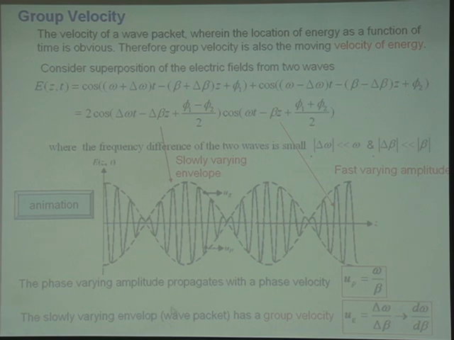From here on, you have to remember that this expression is quite simple, so you have to memorize it. This is omega over beta. This is d omega over d beta, and d omega over d beta defines the speed of the envelope. But in fact, these two are related.